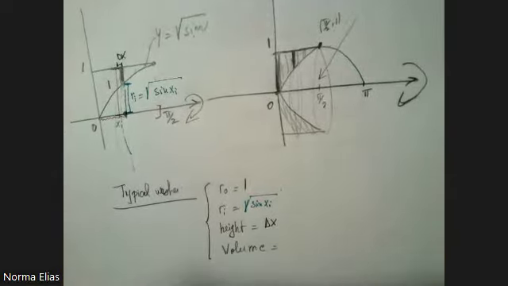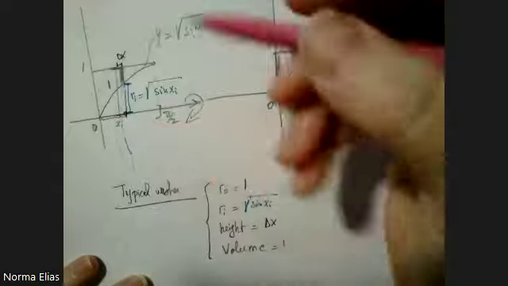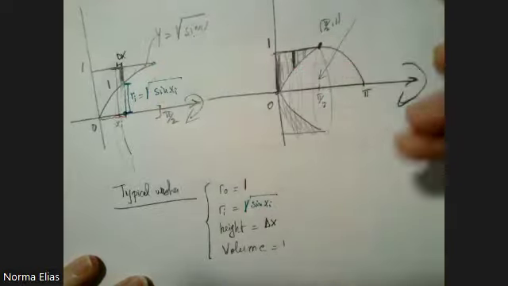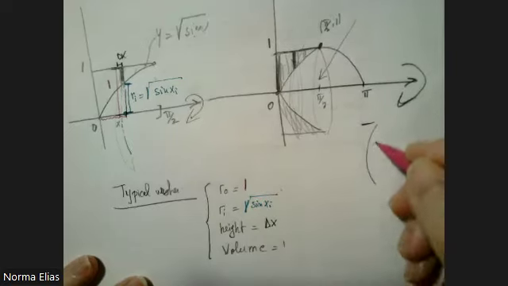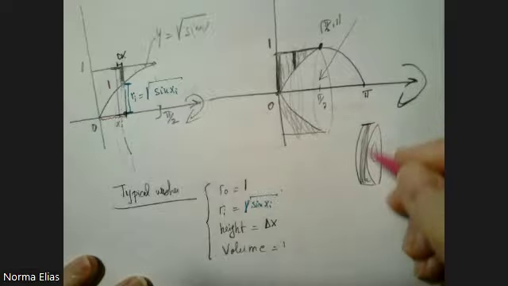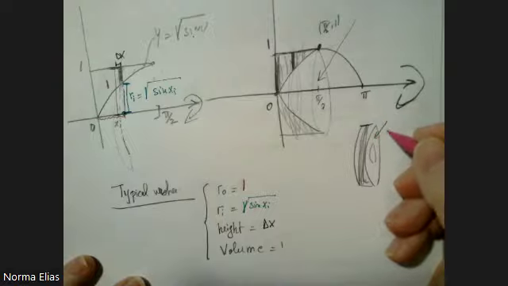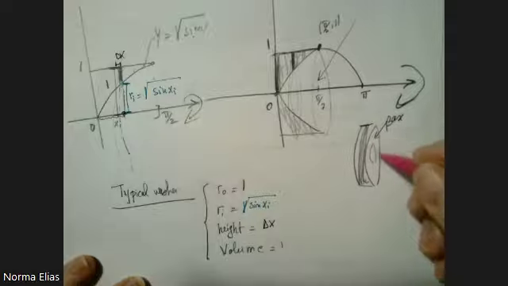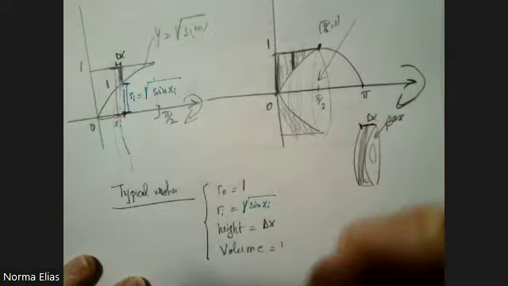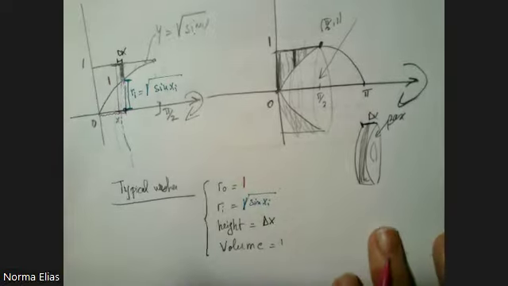So the volume of the washer is going to be the area of the base, because the washer is like this. That's really the washer we're talking about. That's the base. You're taking the area of this base and multiplying by this little bit of a height. So we have volume; we'll be adding volumes, not areas.